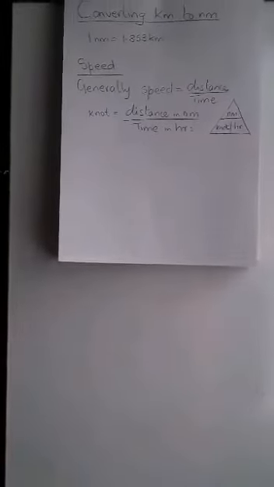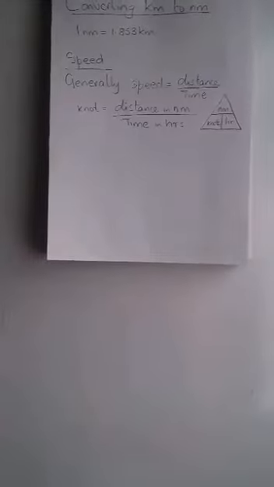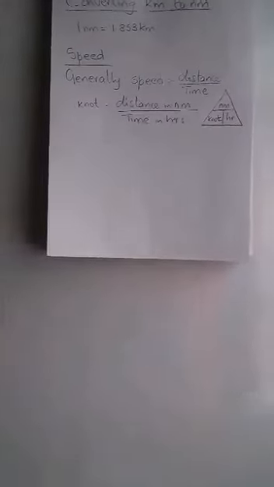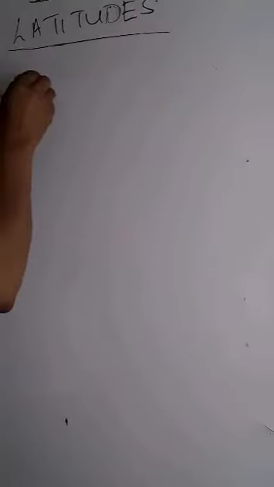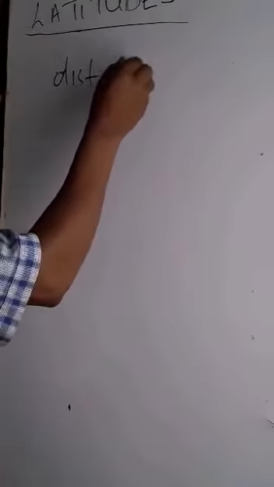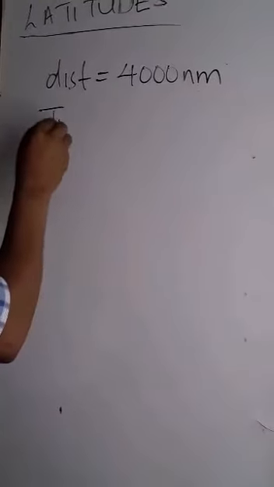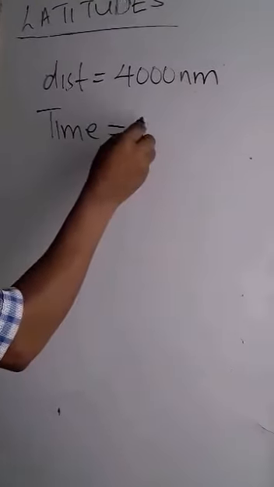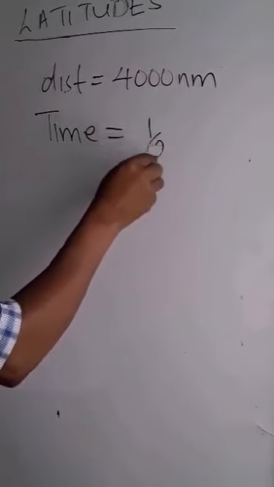So that is speed. We can look at an example. Say the distance moved is 4,000 nautical miles and the time taken is half an hour.